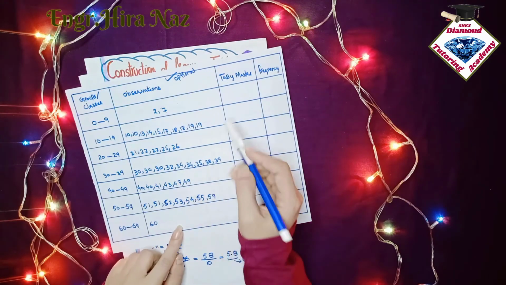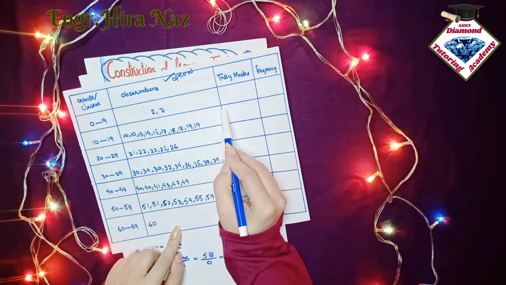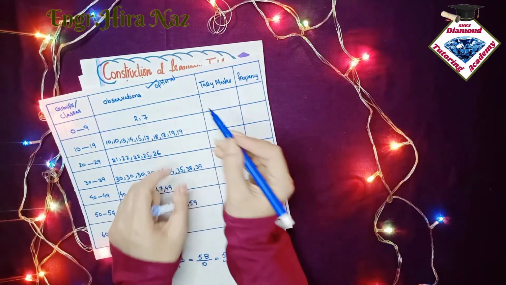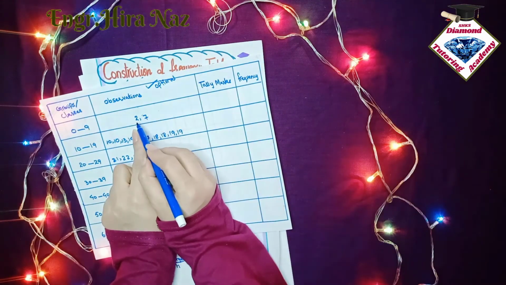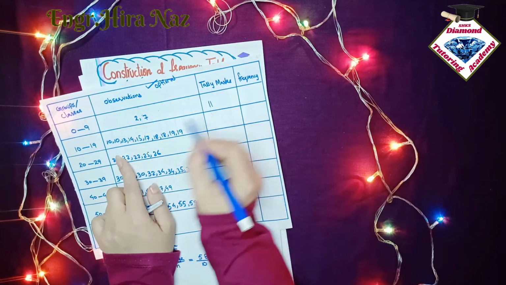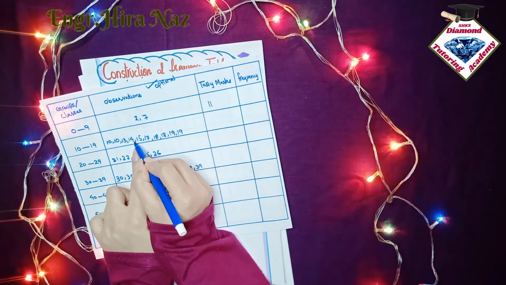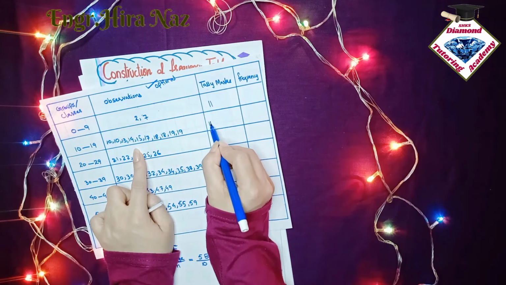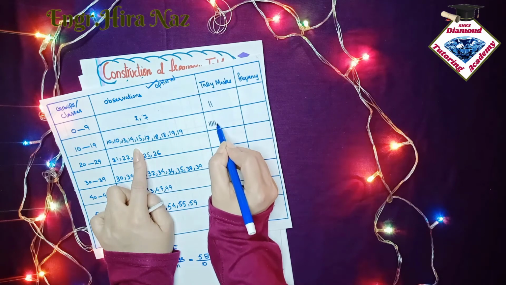Now record the observations by tally marks. How many numbers are there? 1, 2. So we can denote this counting by tally bars. 1, 2, 3, 4, 5, 6, 7, 8, 9, 10. Then 1, 2, 3, 4, 5.